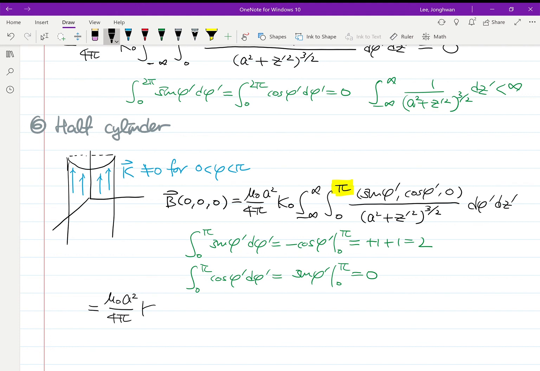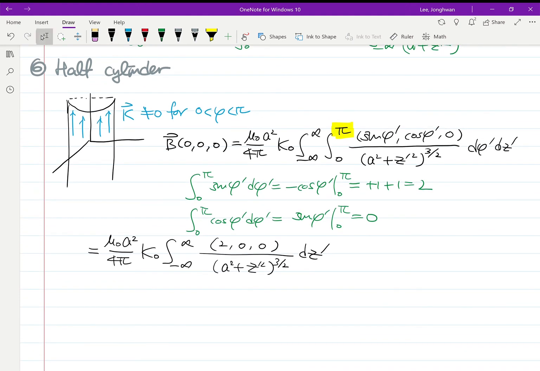But we have another integral, the other integral to be done. The z prime integral, okay? For the z prime integral, you can find the table of the integral, and we can do this.